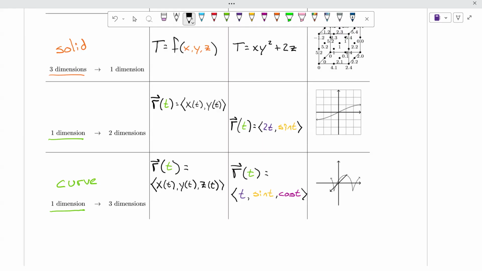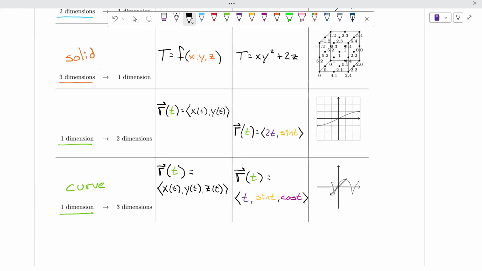Going from one dimension to 3 dimensions gives us a curve in 3D space. Again, this will be a one-dimensional object, so it is just a curved line, but it's passing through 3-space. We only need the one parameter to talk about it, that being t, but then it is represented as a vector function having x, y, and z components.